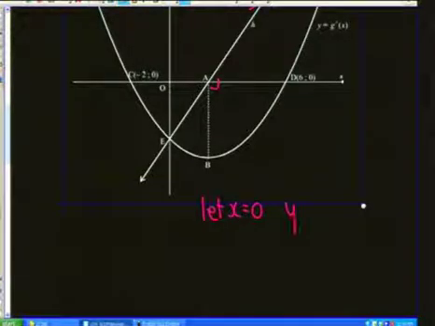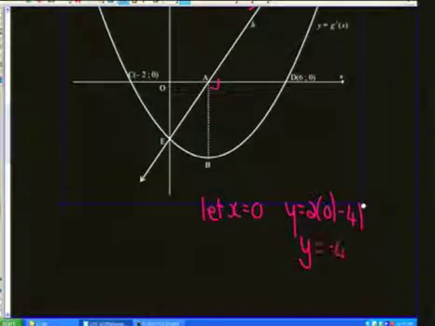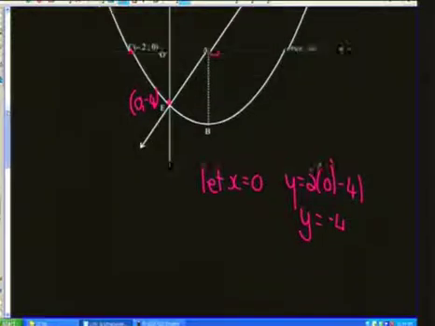So y is equal to 2 times 0 minus 4, which means y is equal to minus 4. So we know E's coordinate is 0 for x, minus 4 for y. So we've got this coordinate, and this coordinate.